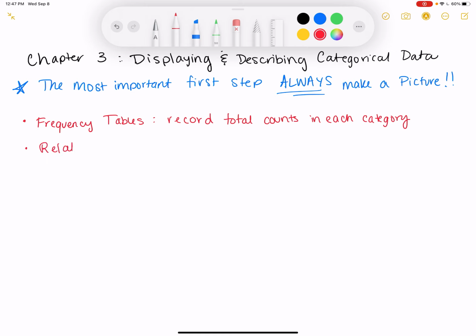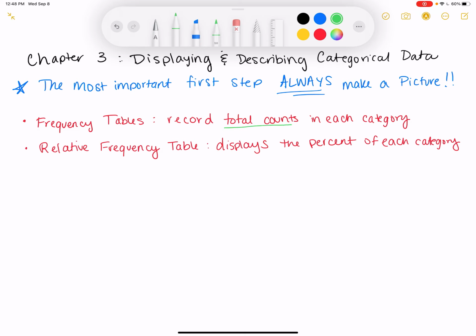And then a relative frequency table displays the percent of each category. So the keywords you need to look for are total counts for frequency tables. Relative frequency tables are percentages.